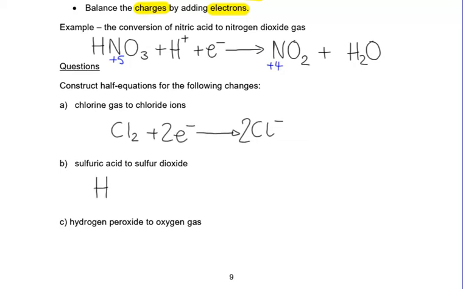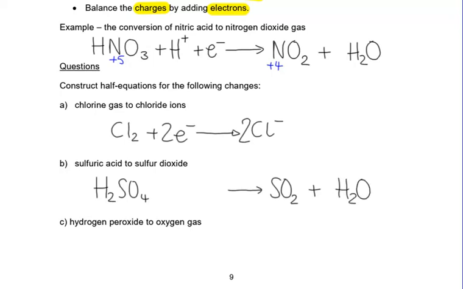Do I know my formulas? Sulfuric acid, sulfur dioxide. Balance the atom undergoing redox, it's going to be the sulfur. There are the same numbers. Add water until you've got equal numbers of oxygen. I've got 4 and 2, so I'm going to add some more oxygens to this side.